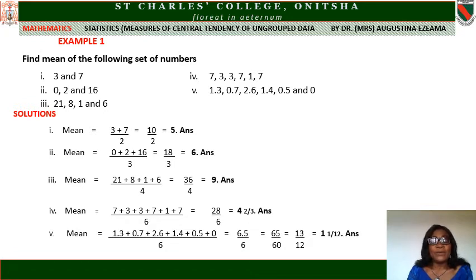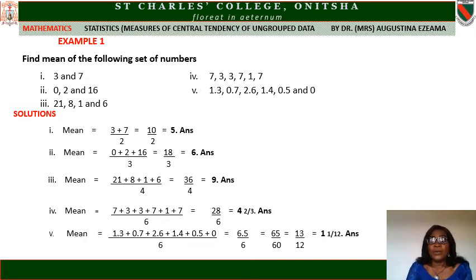In number 5: 1.3 plus 0 plus 0.7 plus 2.6 plus 1.4 plus 0.5 plus 0. Remember, 0 is a number. Divided by 6, since there are 6 numbers. Now we get 6.5 all over 6, which is equal to 65 over 60.